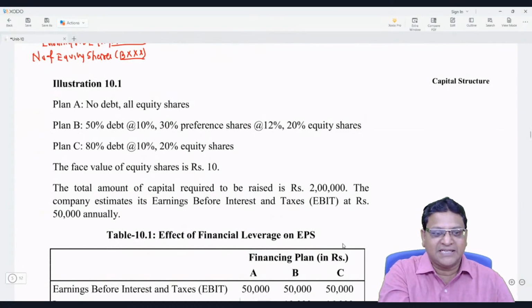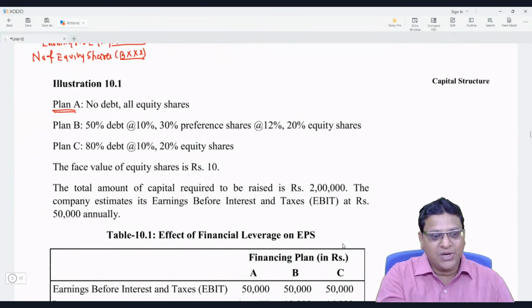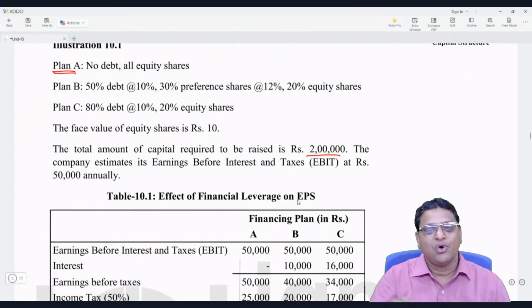The first plan tells that the company will use no debt. It will use all equity shares, and the total capital required for the company is 2 lakh.